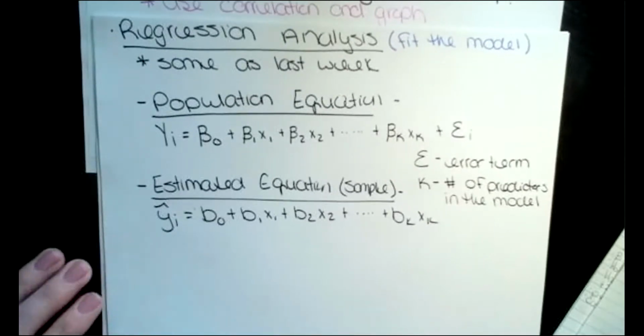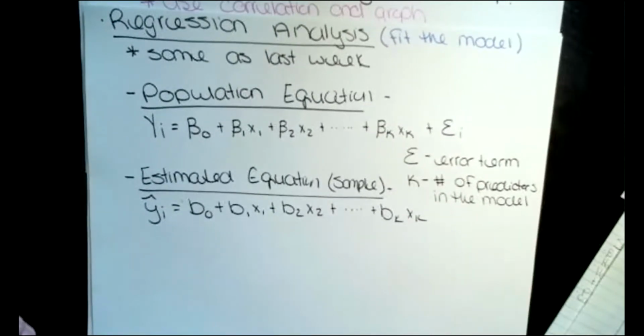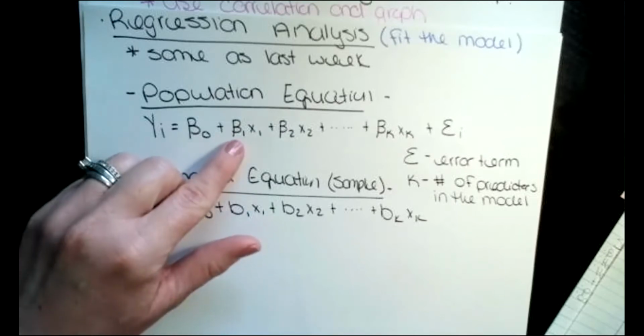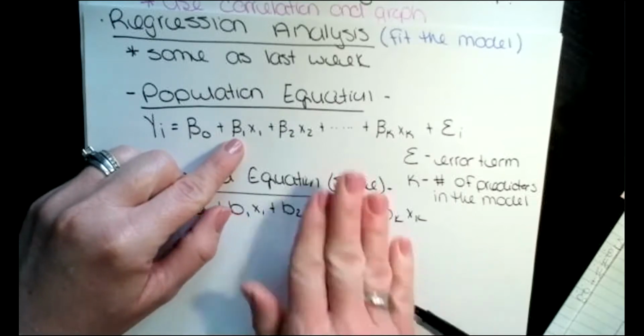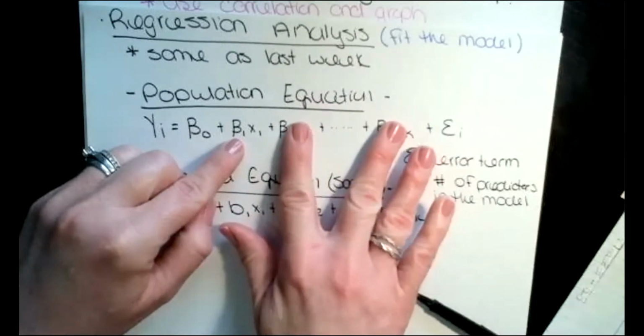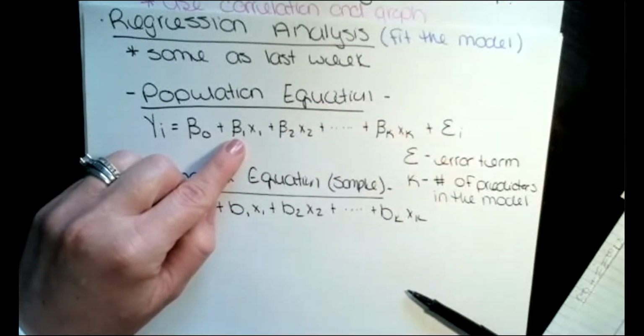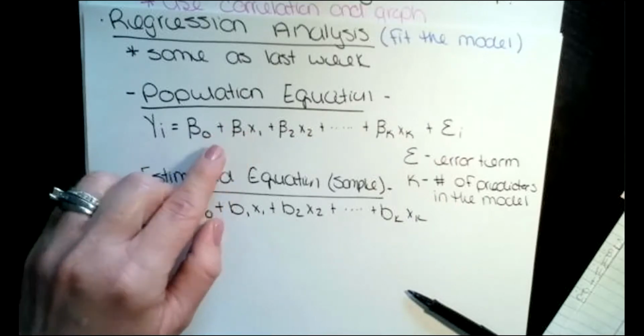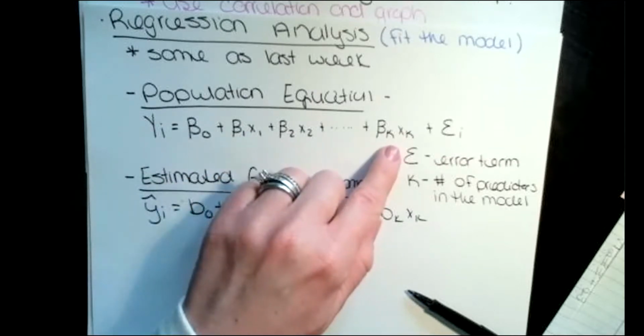So I want you to think about this. Normally when we have a simple linear regression, we have one slope, right? And that would be beta 1. We wouldn't have all this in between here, right? And we would have one slope of our line. It's different now. When we have multiple linear regression, you can see the terms are different.